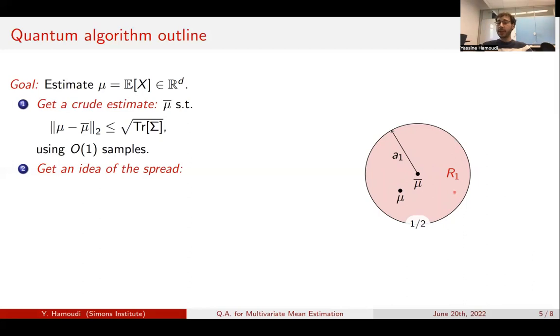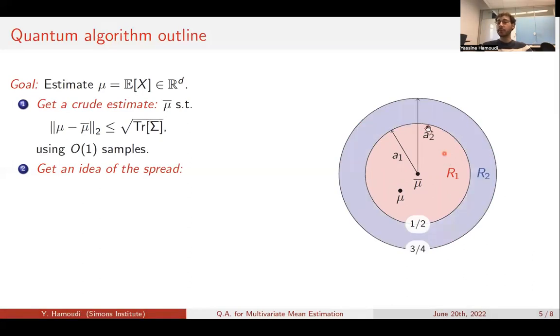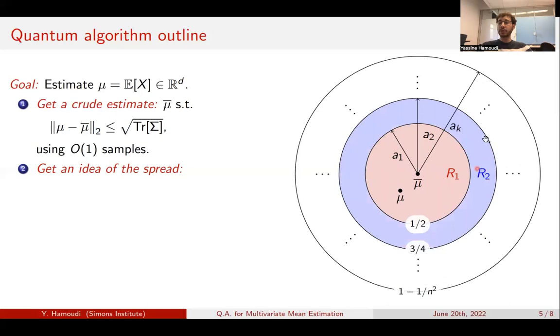Then we find the radius A2 of a second ball that contains about 3/4 of the input distribution, centered around the crude estimate. We continue like that until we arrive at the last ball, which is the larger ball, and contains about 1 minus 1 over n squared of the total mass of the input distribution.